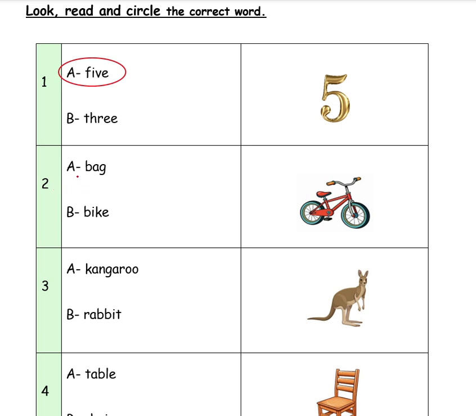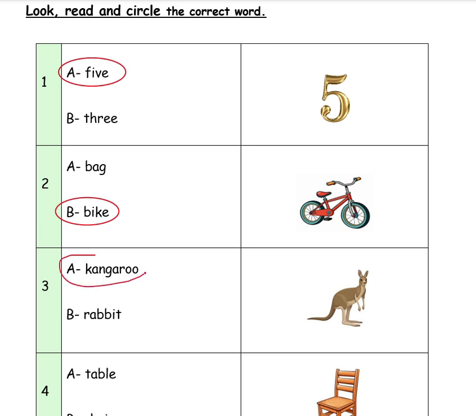Number 2, we have A bag, B bike, and this is a bike. So we circle B. 3, A kangaroo, B rabbit, and we have here the picture of a kangaroo.